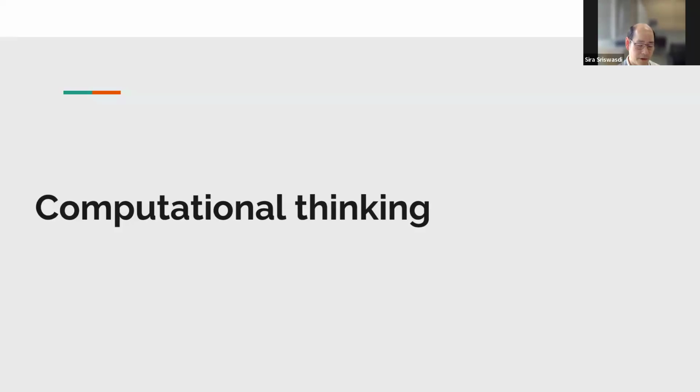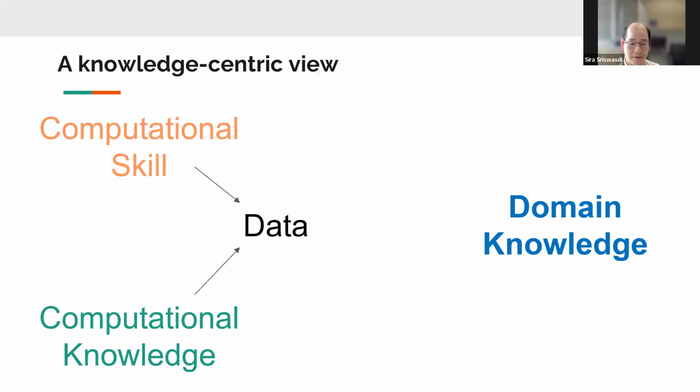Okay. So I mentioned a lot about computational thinking. Let's talk about what it actually is. Have you been using it already, or is it something totally new, a new way of approaching the problem? Usually, if you are from biological science, we are in what's called a knowledge-centric field.